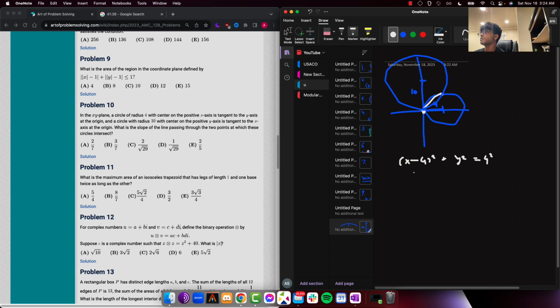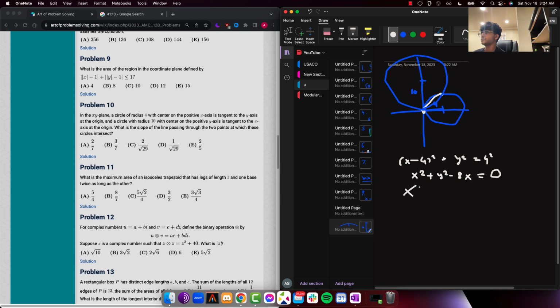So I'm just going to simplify this in my head. We get x squared plus y squared minus 8x on this side, and on the other side the two constants cancel each other out, so we just get 0. And if you apply the same pattern to the other one, let me just make sure.